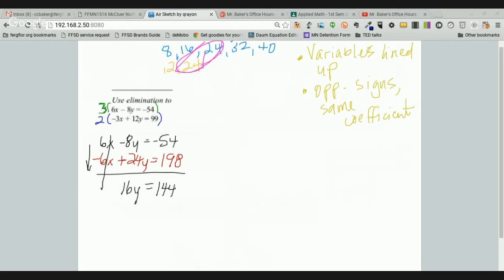Alright, so if I were to be trying to cancel the y's, 6 times 3 is 18x. 8 times 3 is -24. That -8, I mean. And 54 times 3. Let me calculate here. -54 times 3 is going to be -162.